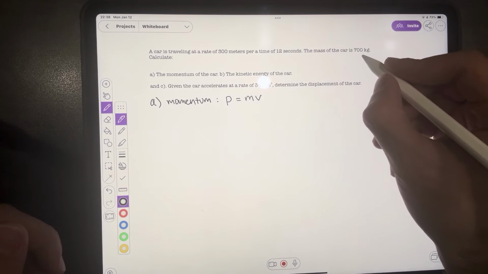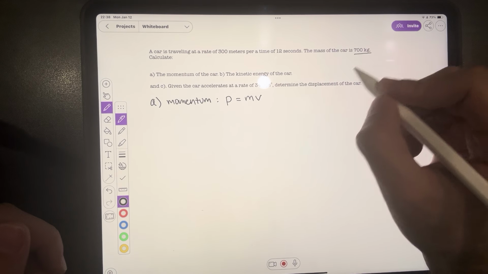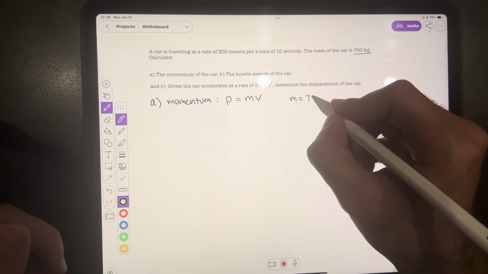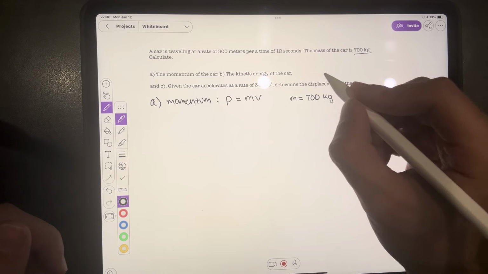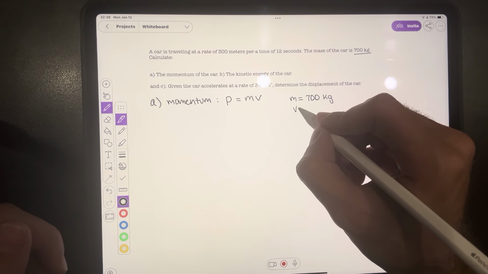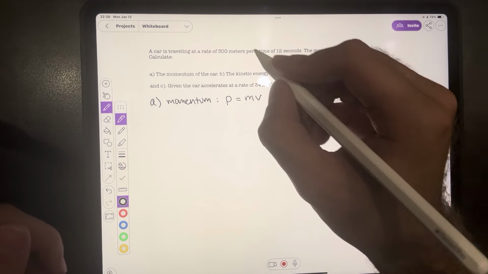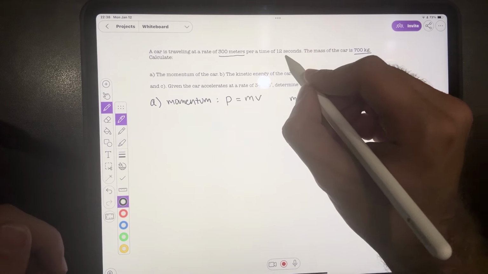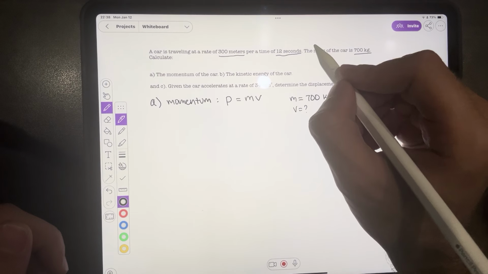Now, we already know that the mass of the car is 700 kilograms. So we can just write that. But we don't have the velocity. We only have 300 meters at a rate of 12 seconds.